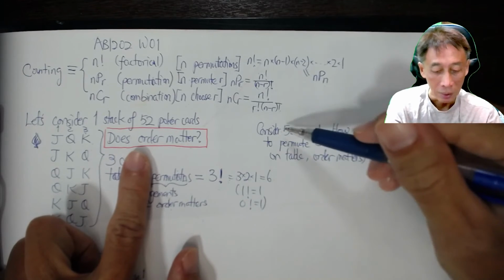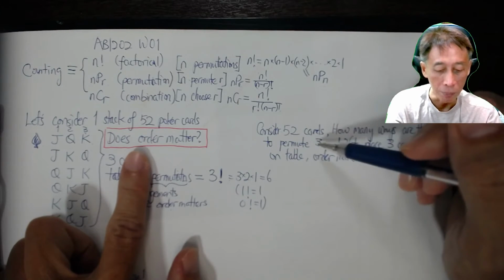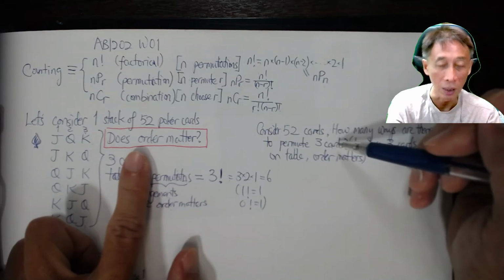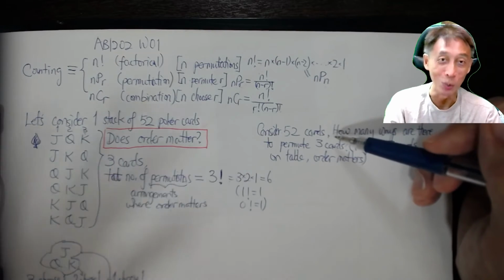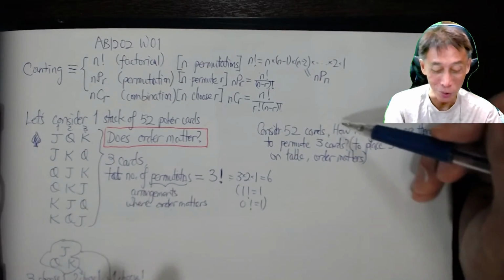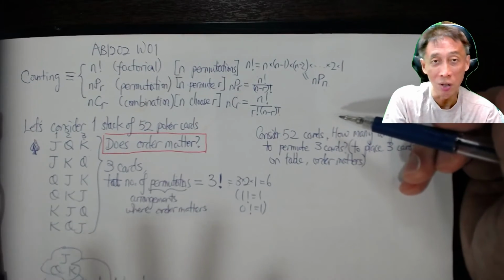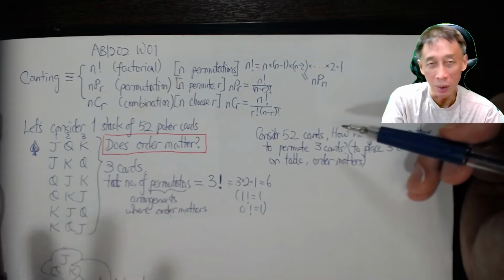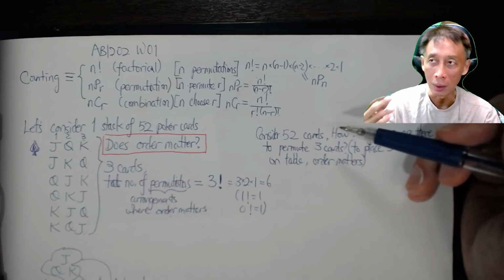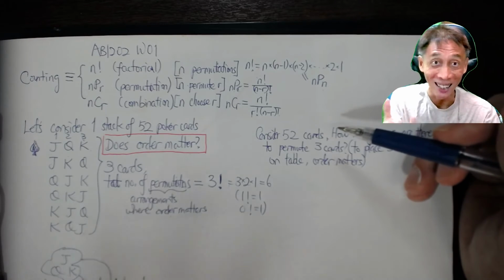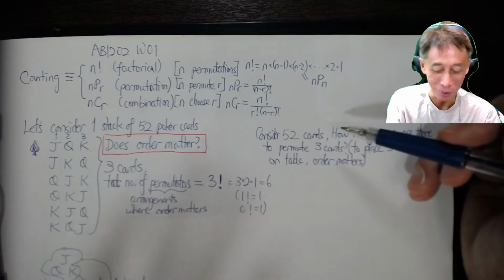So same thing. Consider 52 cards. How many ways are there to permute 3 cards? To choose 3 cards. Choose is typically a test question hint that says don't care about order. To choose or to form a collection of 3 cards, to group 3 cards. Basically the wordings are grouping, choosing, collection, or bagging, like put in an NTUC bag that I was saying.